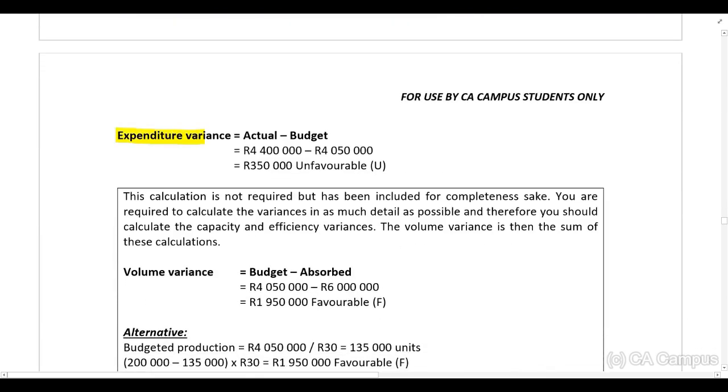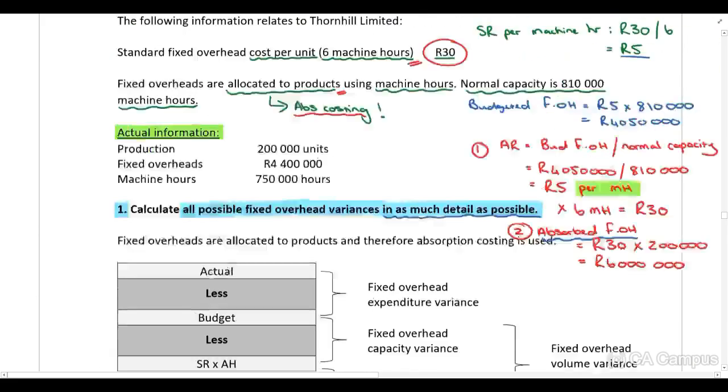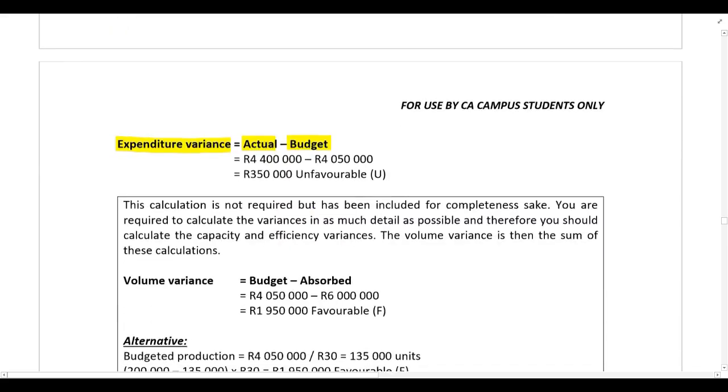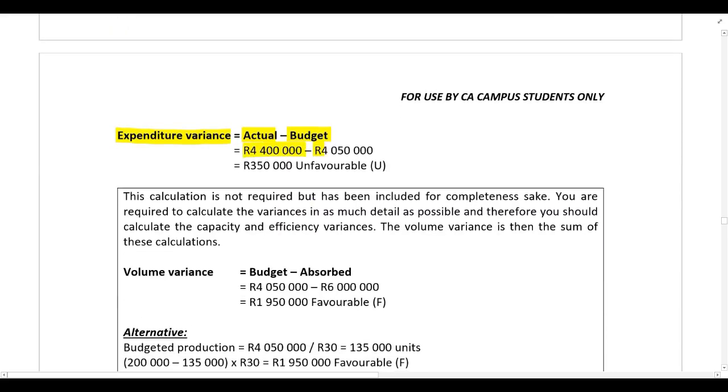First, in order to calculate the expenditure variance, that's the difference between the actual cost and the budgeted cost. So you were given the actual fixed overhead, and we calculated the budgeted fixed overhead to be 40,050,000. So this variance is obviously unfavorable because the actual cost is higher than the budgeted cost.